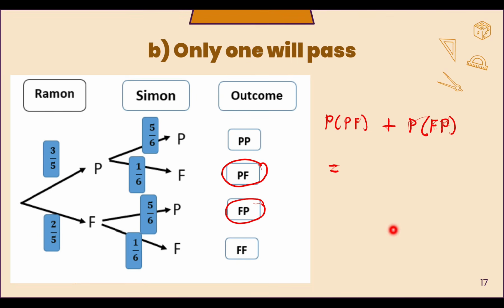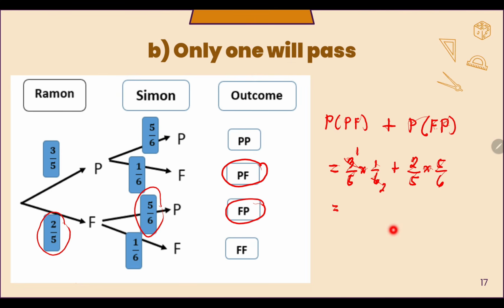So Ramon passes, that would mean to say 3/5 multiplied by Simon failing is 1/6, plus the probability of FP, meaning Ramon is failing, that means 2/5 multiplied by Simon passing, which is 5/6. So considering, 3 and 6 can also be simplified.